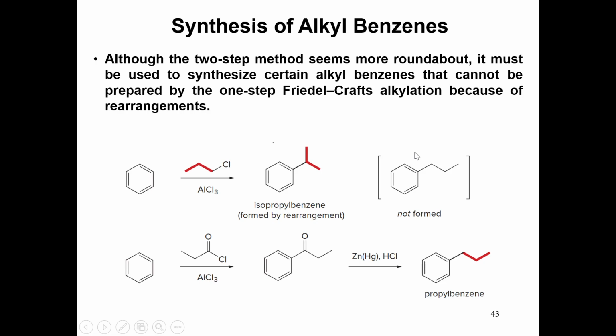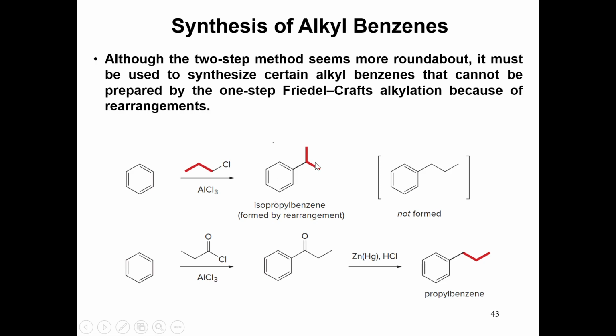How do we make this molecule from benzene? A very simple way to do this is the Friedel-Crafts reaction. We can react benzene with propyl chloride, an alkyl halide, with a catalyst to do the Friedel-Crafts reaction, which basically introduces the alkyl group onto the benzene.